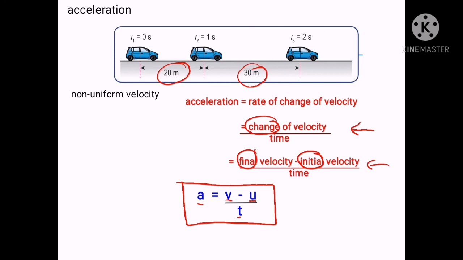Alright, what is the unit for velocity, class? It is meter per second, and the unit for time is second. So meter per second divided by second, you get meter per second square. So the unit for acceleration is meter per second square.